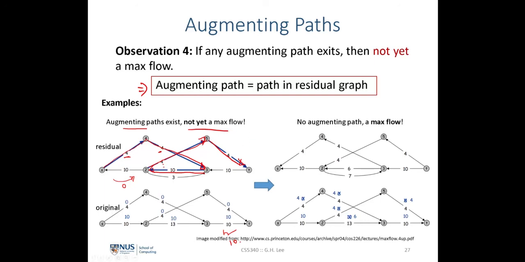What we can do here is continue to send additional flow into this graph. In this case, we can still send a flow of 4, and we can still manage to send this across the graph into the sink. What's interesting is that after we have sent this flow, we can convert the original graph again back to the residual graph.